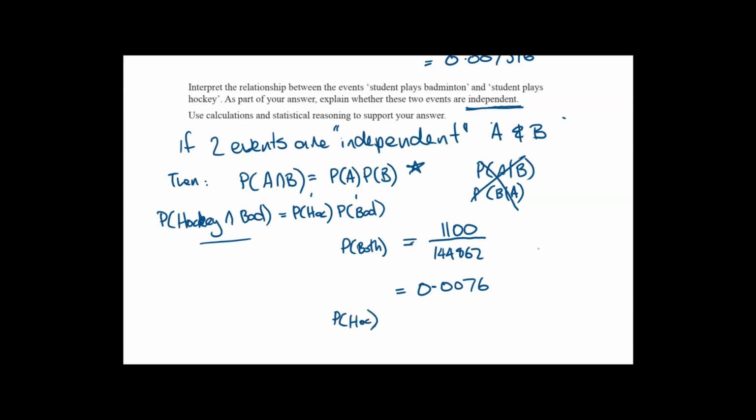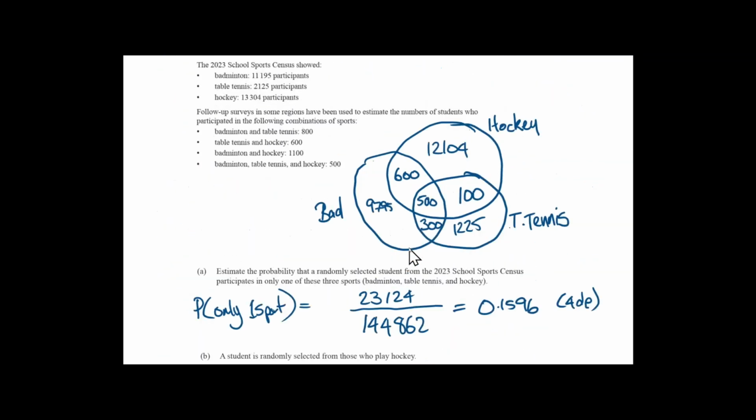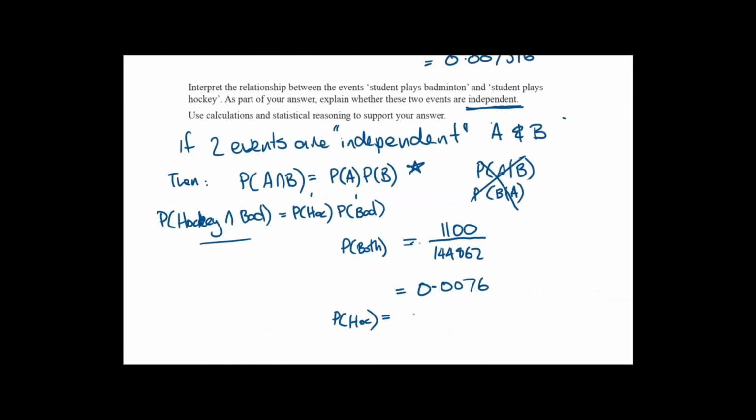All right. Now we need to know the probability that they play hockey, ignoring everything else. So how many play hockey? It's 13,304. Would have thought it'd be more than that. Okay, over 144,862.